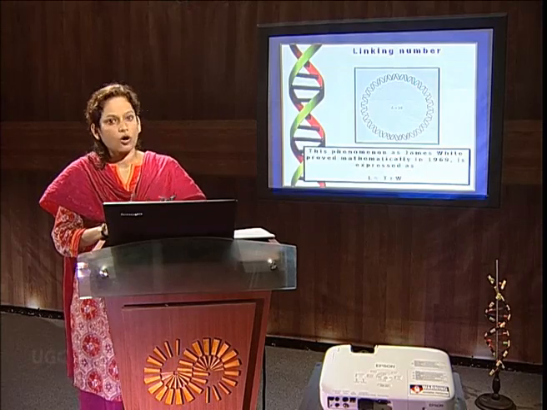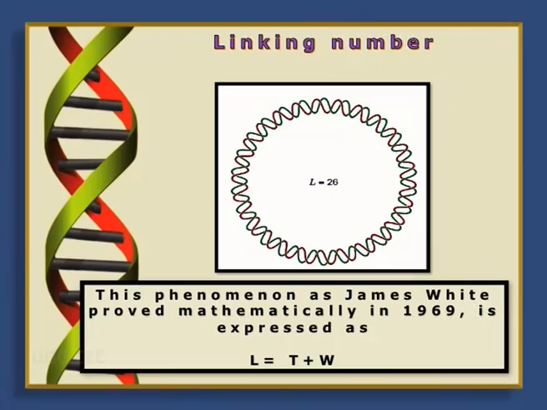This kind of feature was first expressed mathematically by James White in the year 1969. He expressed it as the sum of two geometric components, that is twist and writhe. So we can say that the linking number is nothing but twist plus writhe.